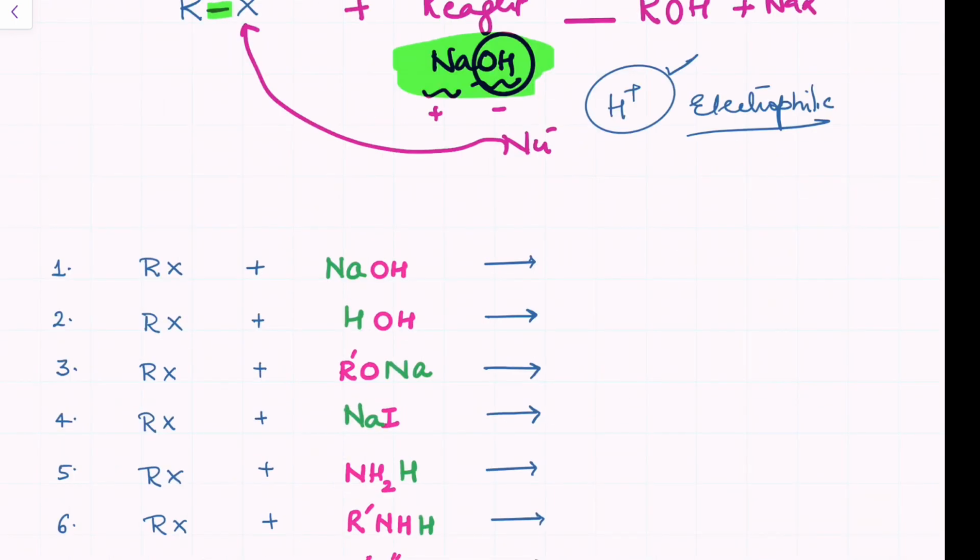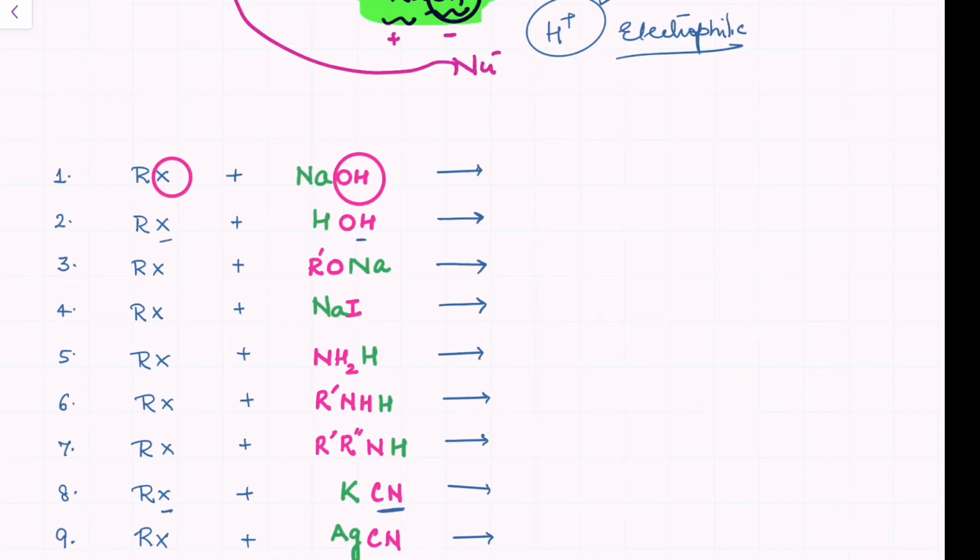What I'll do is, this nucleophilic part will displace this nucleophilic part, right? So let's write the product. It is going to be ROH plus NaX. So we get alcohols. In second, again we get alcohols. First and second both we get alcohols. Third we get ethers.